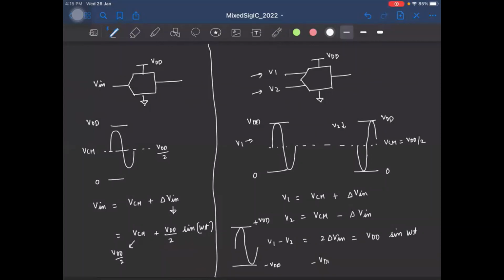So from minus VDD to plus VDD is the full scale range for the ADC. Okay, so if you recollect, we have been considering that the range for the quantizer was minus Vref to plus Vref, right? So essentially this means that Vref is equal to VDD here.